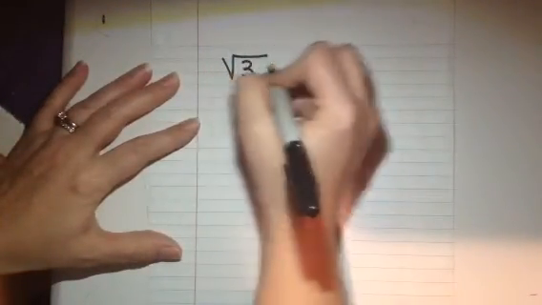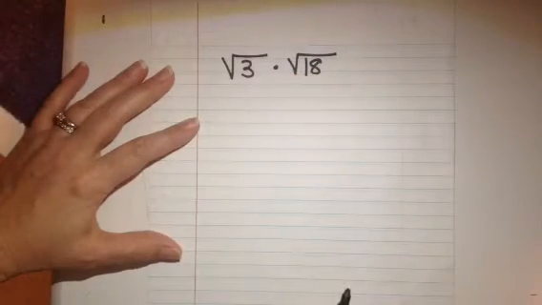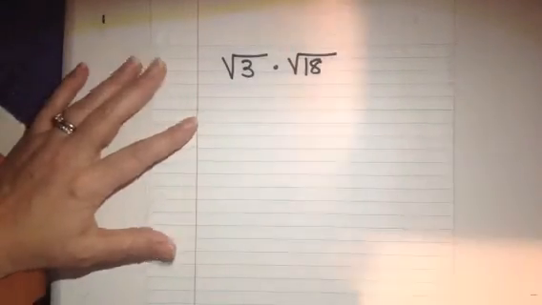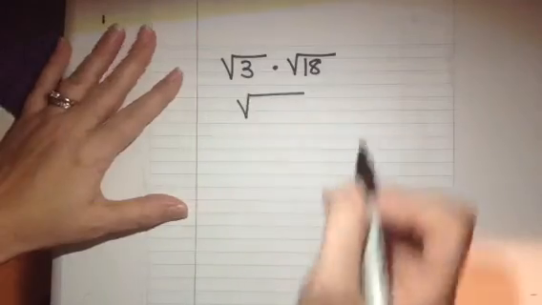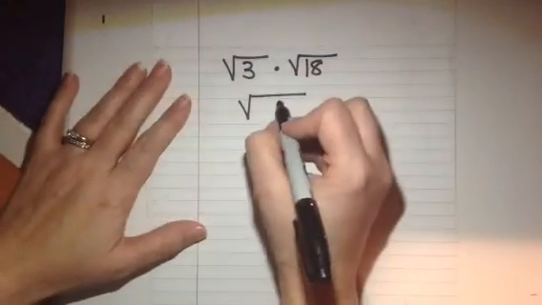Let's try another one with multiplication. All right, let's say we have the square root of 3 times the square root of 18. Okay, so we're going to do 18 times 3. If you don't know it right off the top of your head, do some scratch work. Don't use a calculator. 18 times 3 will give me 8 times 3 is 24.